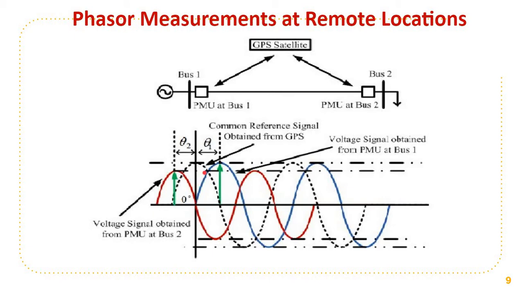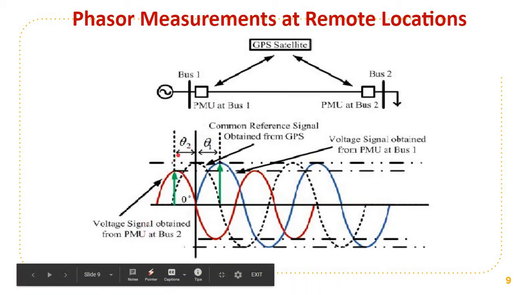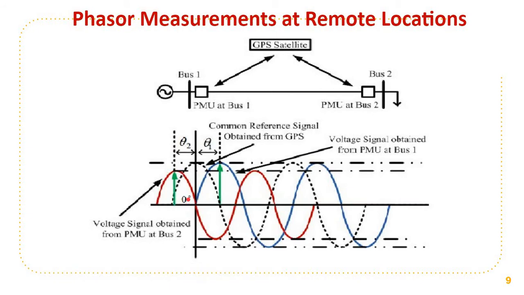The blue waveform is coming from the PMU at bus 1, and the red waveform is coming from the PMU at bus 2. And the dotted line is the common reference signal obtained from the GPS. With this information, we can find the magnitudes of these voltages and also the phase angles θ1 and θ2.